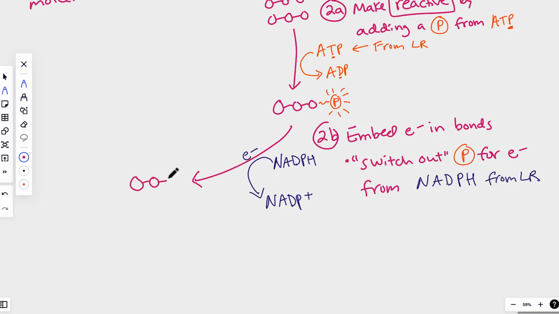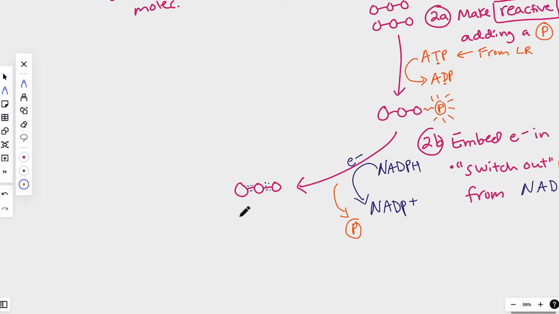So we've still got those 3 carbons, and then the electrons are sitting in the bonds here. It's just a representation. And we said what we had to do in order to get the electrons in, we had to switch it out by popping the phosphate off. So the phosphate pops off and those electrons can jump on in. So now what we have is a 3-carbon compound with electrons embedded in it, and that's our goal.